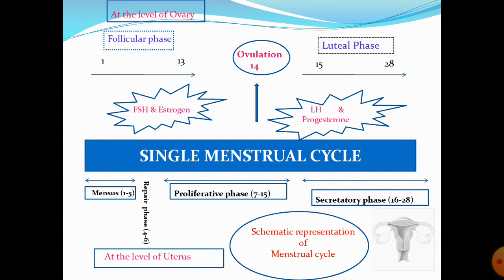Then the proliferation phase is followed by the secretory phase. This phase starts from day 16 and runs till day 28. This phase is said to set in when the uterine glands start secreting progesterone.